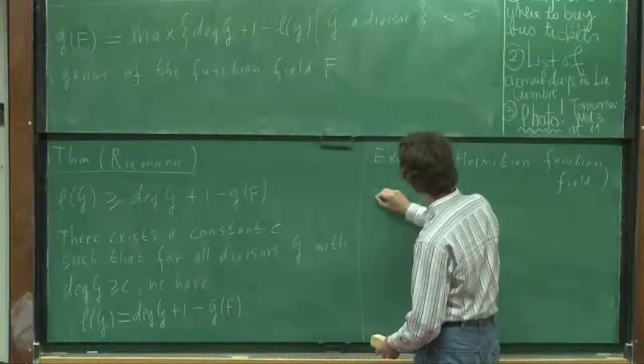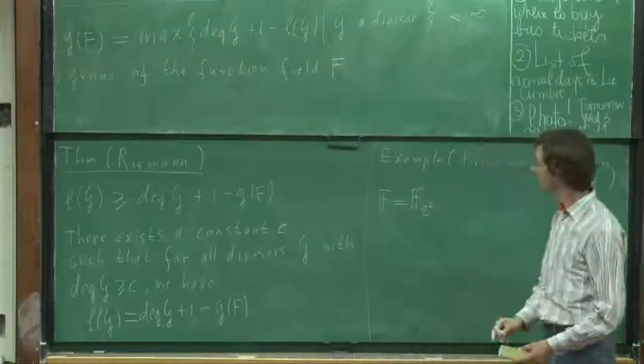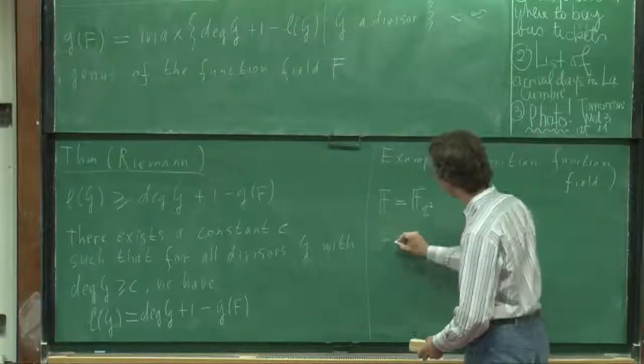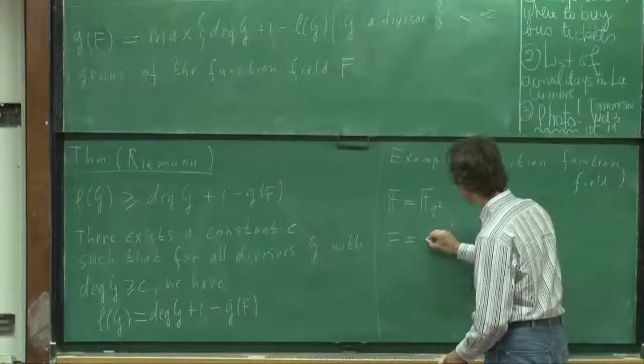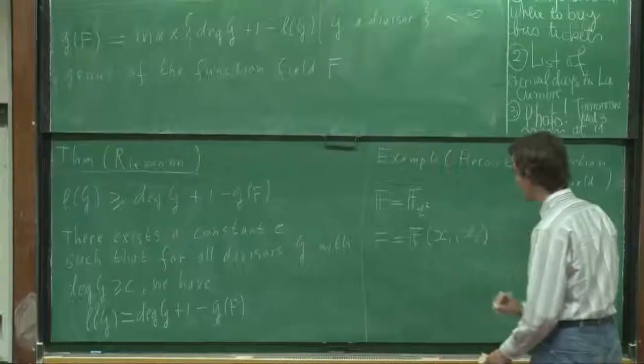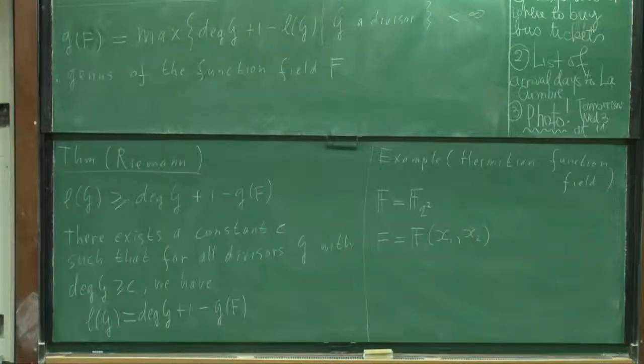So what I do is I choose my field of constants to be a finite field with q squared elements, and the field is going to be generated by two elements satisfying an equation. Let me write it down so I have the same as in my notes.